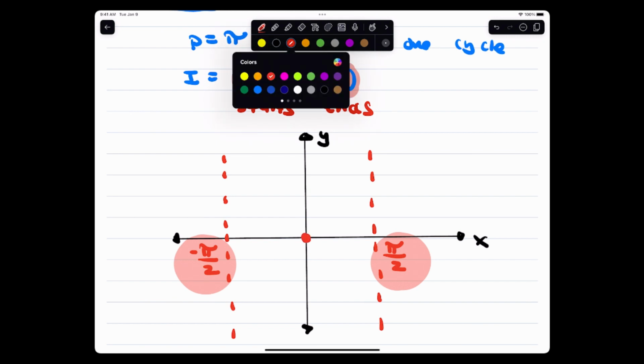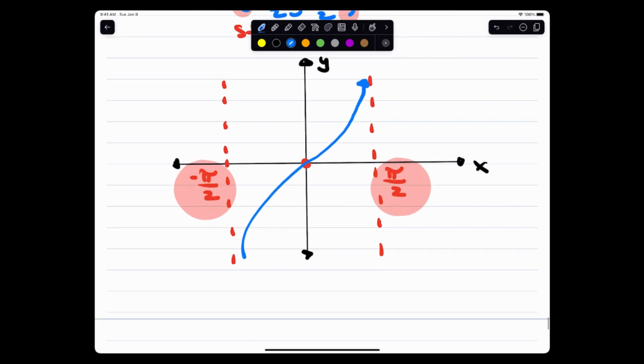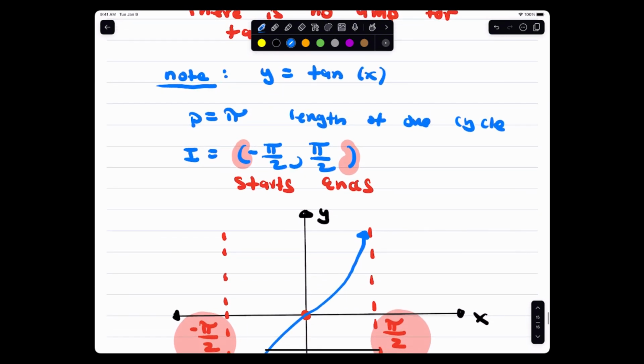And when we start to sketch the curve here, there it is. Okay, here it is. This is pi. This is pi, and this is the interval of one cycle.